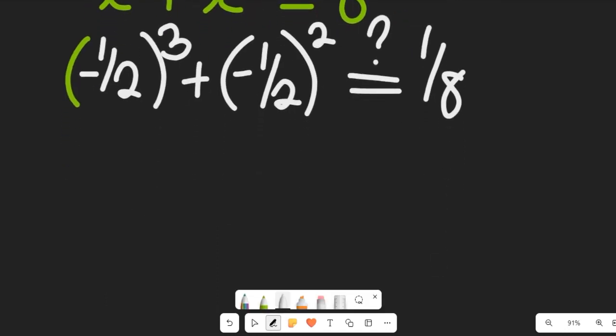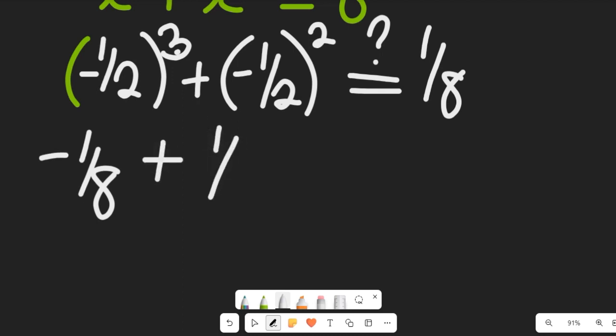Now let's try this out. To the power of 3, this will give us -1 over 8, because 2 to the power of 3 is 8. And this will give us a positive 1 over 4, right?